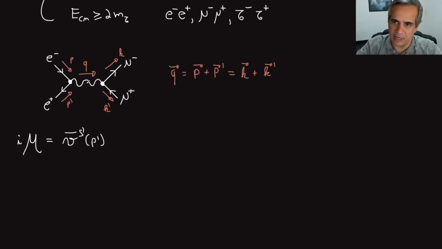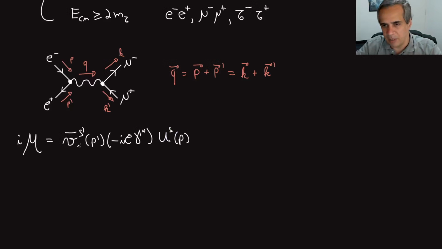So I didn't write here, but I'll use a spin index s prime for the positron and s for the electron. There's an electromagnetic vertex here, which is minus i e gamma mu, and then the u s of p for the electron.